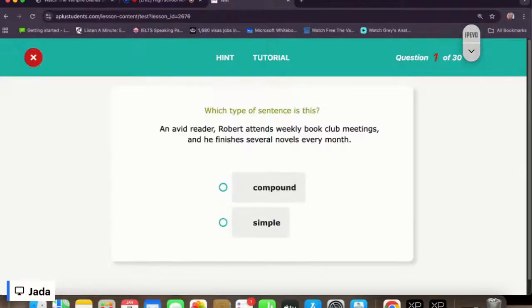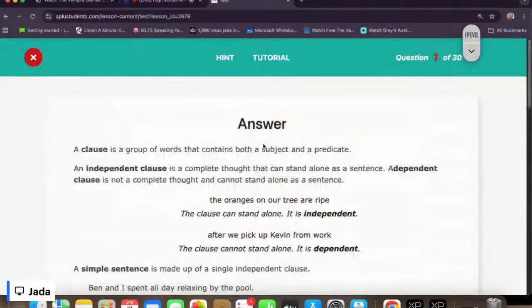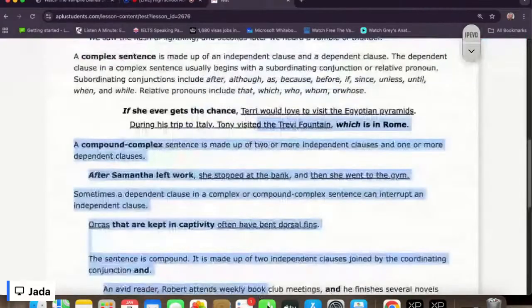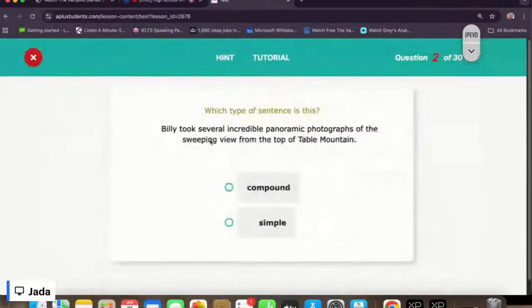Okay, we have simple. Okay, so compound, okay? So: Billy took several incredible panoramic photographs of the sweeping view from the top of Table Mountain, first to second.